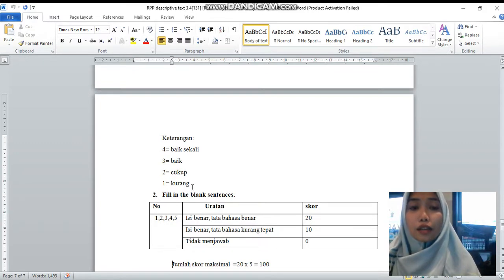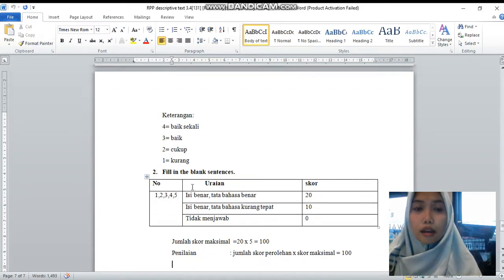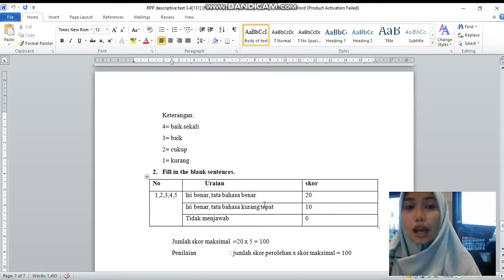The second is the fill in the blank sentence. This is how the teacher gives the score. If the content is true and the grammar is true, the student gets 20 points. If the grammar is wrong or less, the student gets 10 points. And if not answered, gets 0.